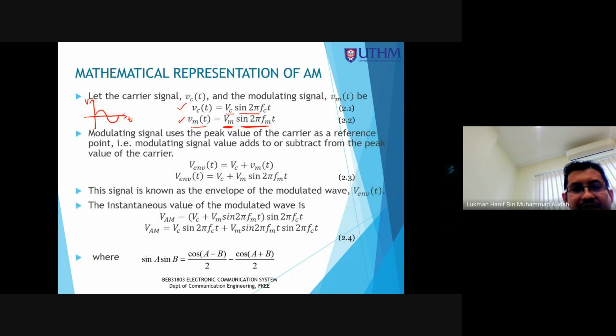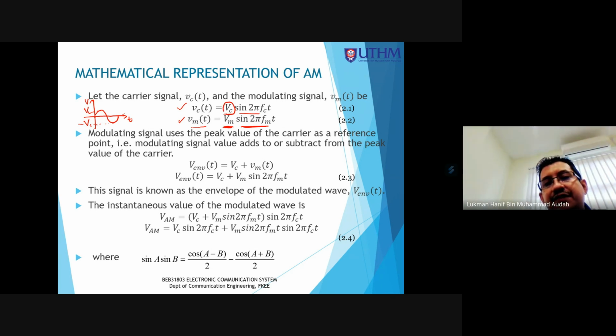For example, for VC(t), the peak amplitude here is VC, and similarly the peak amplitude at the bottom is minus VC. So capital VC is representing the peak amplitude.